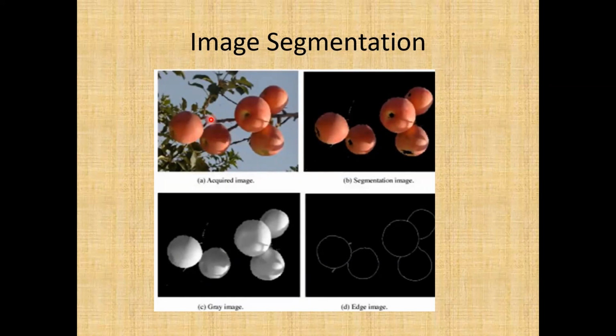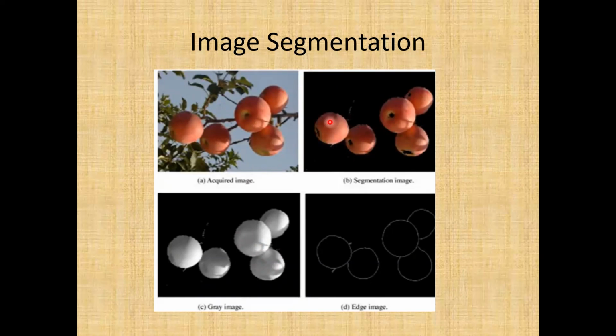As we can see here, this is the input image, and our object of interest is only the apples. So the apples alone are segmented here. From this entire image, only this portion is segmented, and its gray level representation is given here. After the segmentation of the object of interest, we have to find its edges.